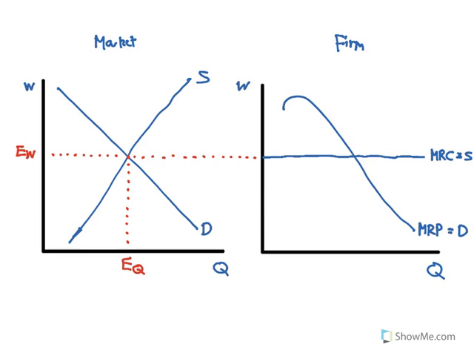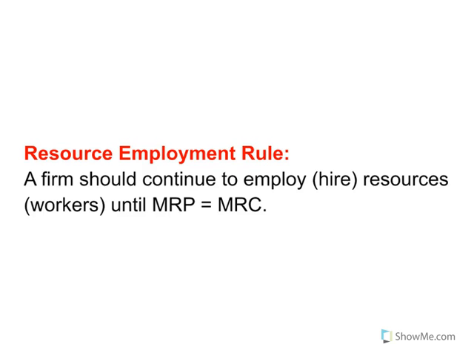And you've probably already intuitively figured this out using what you've learned in product markets. Because in product markets, the rule was marginal revenue equals marginal cost. And it's similar here in the labor market. And that gives us something called the resource employment rule, which says that a firm should continue to employ or hire resources, doesn't have to just be labor, until the marginal revenue product equals the marginal resource cost.